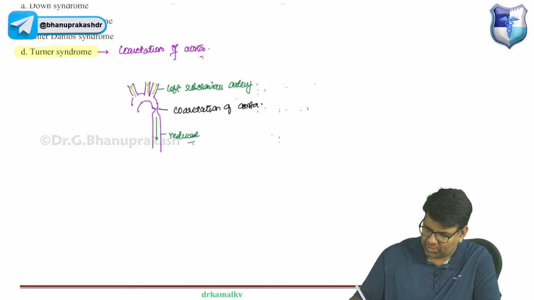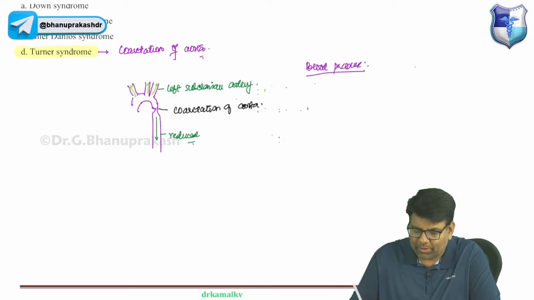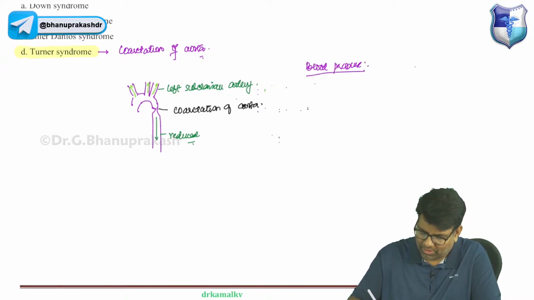So if you measure blood pressure, what will happen? Very good. So there is radiofemoral delay. And if you take blood pressure, it will be high in the upper limb and low in the lower limb.